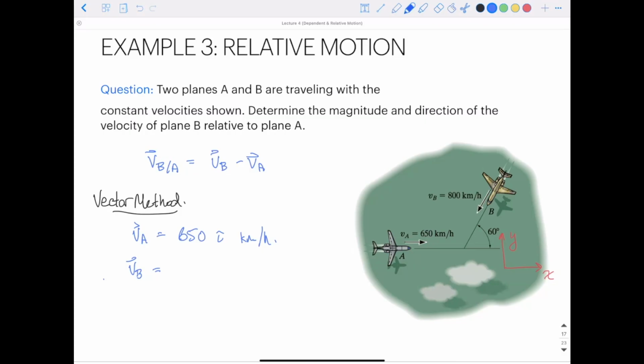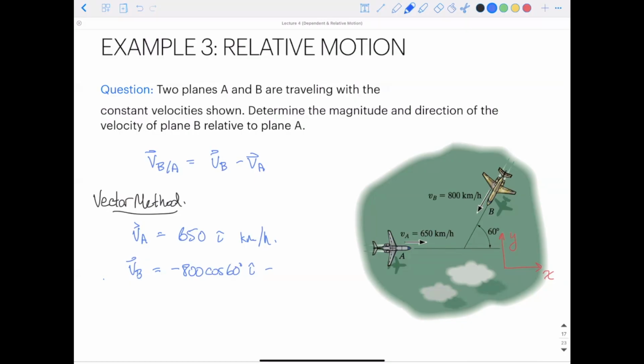Yeah, so we'll just take it a few steps slower. The X component is going to be 800 cosine 60. And that's negative because the component in the X direction is going to be in the negative X direction that we've drawn. So negative 800 times cosine of 60, in the i direction.